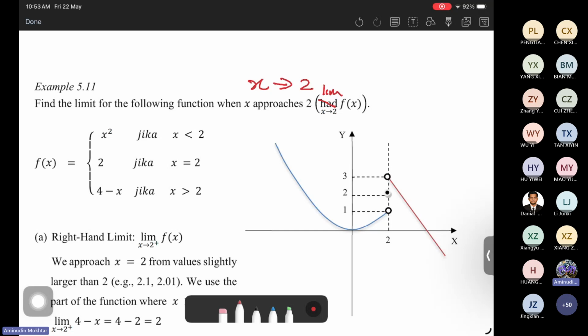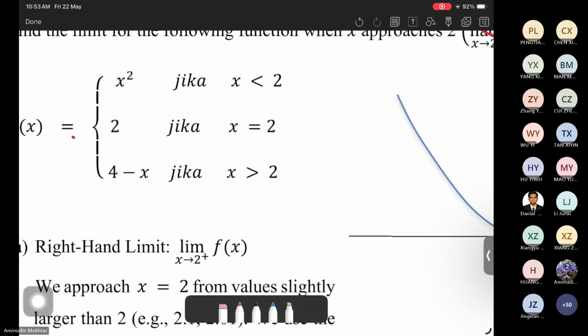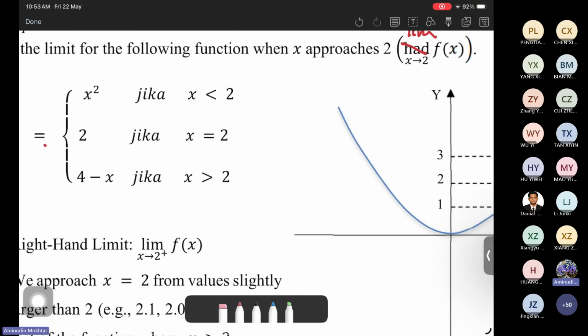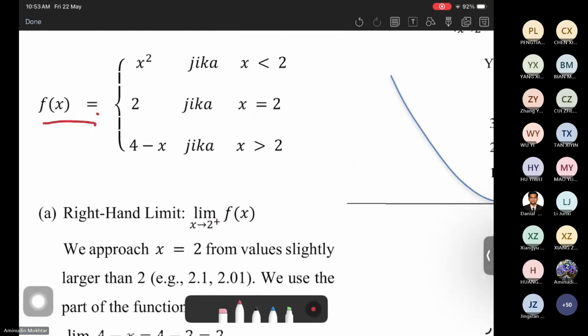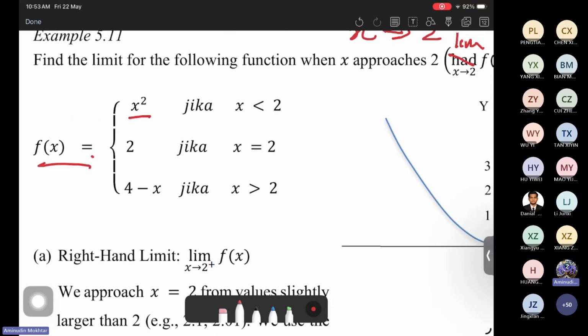The function f(x) equals, if x is less than 2, the function f(x) equals the quadratic x squared.